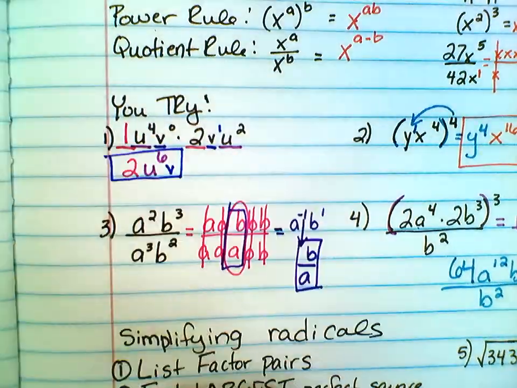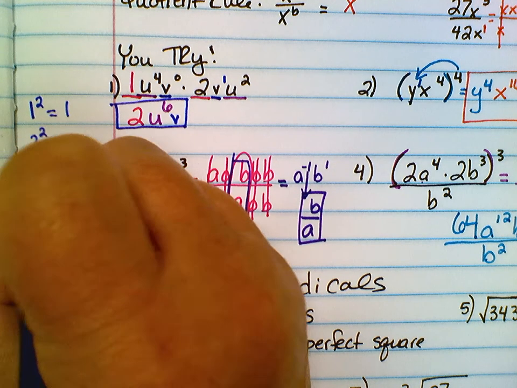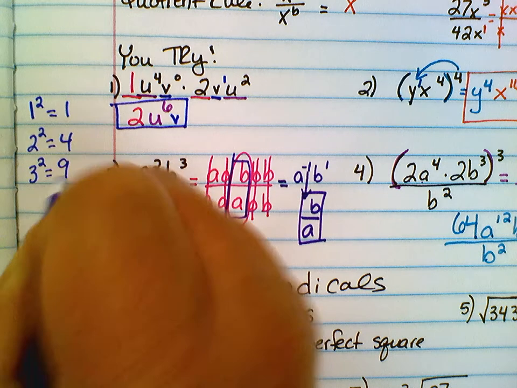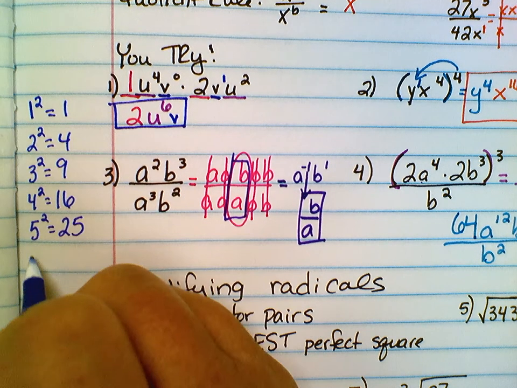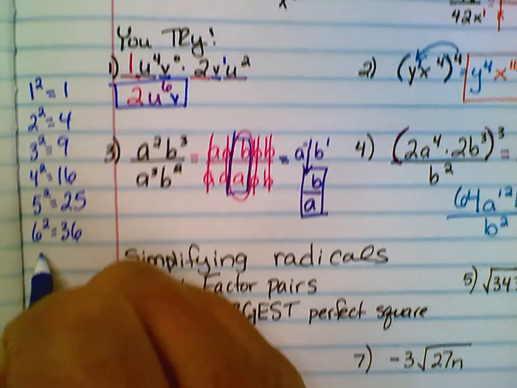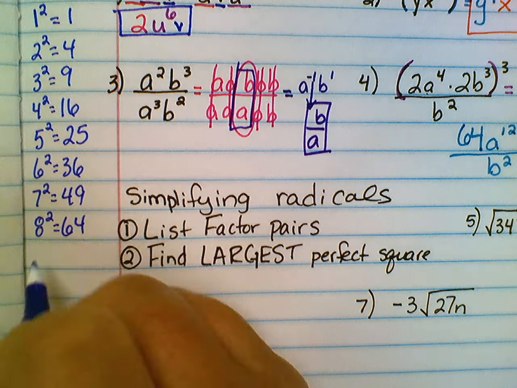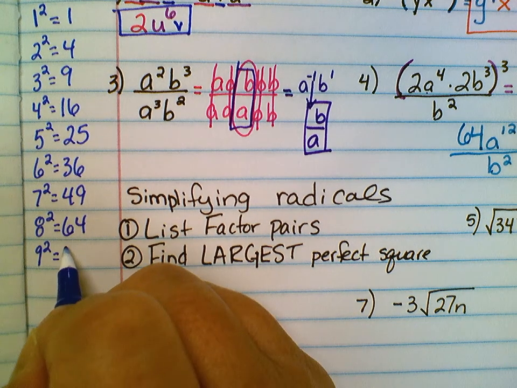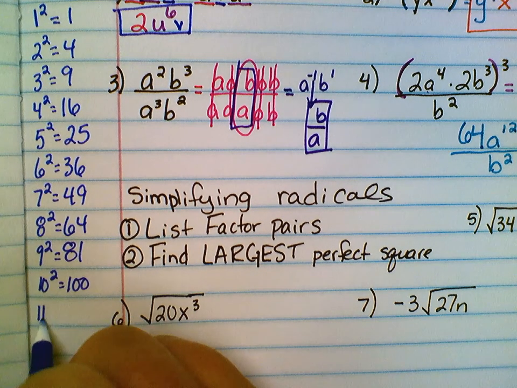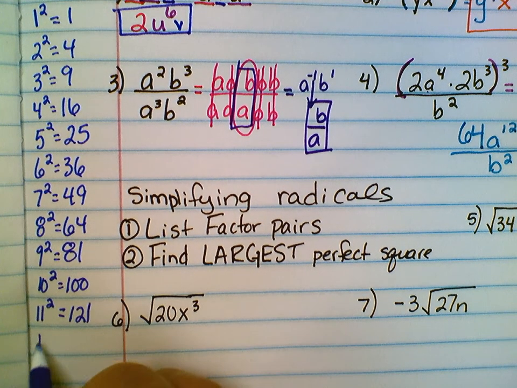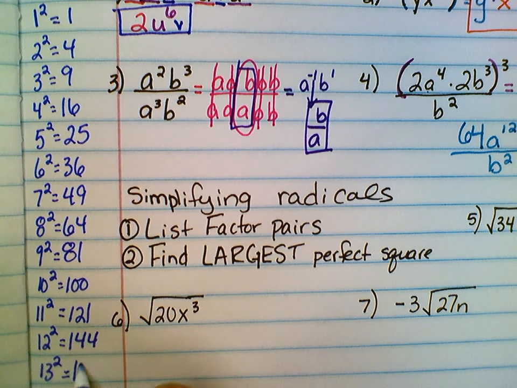So over here on the side of my paper, I'm going to write: 1 squared is 1, 2 squared is 4, 3 squared is 9, 4 squared is 16, 5 squared is 25, 6 squared is 36, 7 squared is 49, 8 squared is 64, 9 squared is 81, 10 squared is 100, 11 squared is 121, 12 squared is 144, and 13 squared is 169.